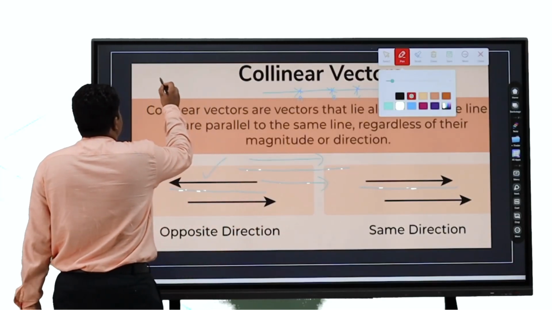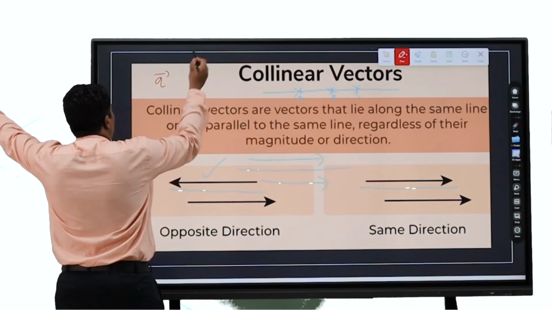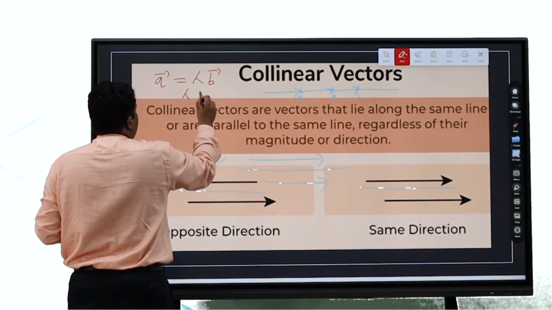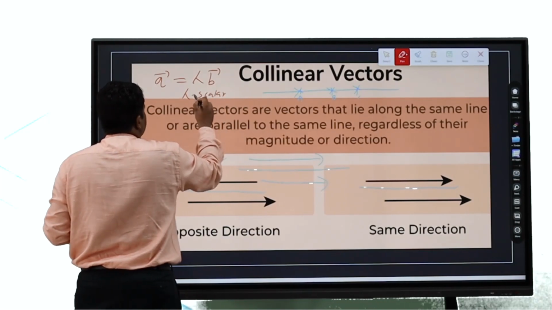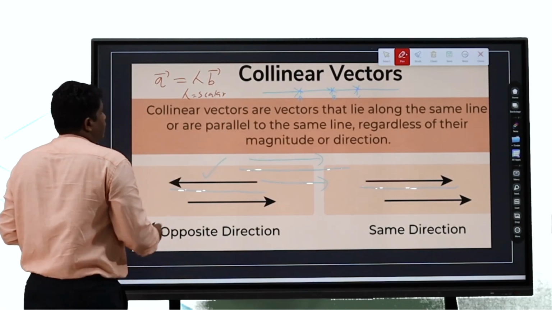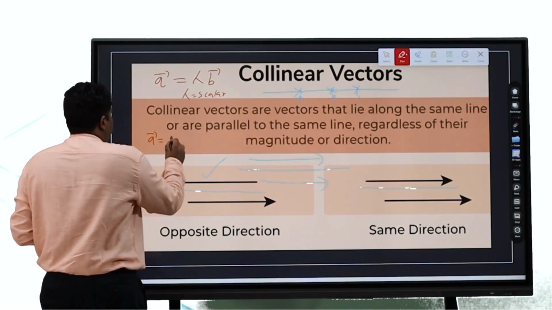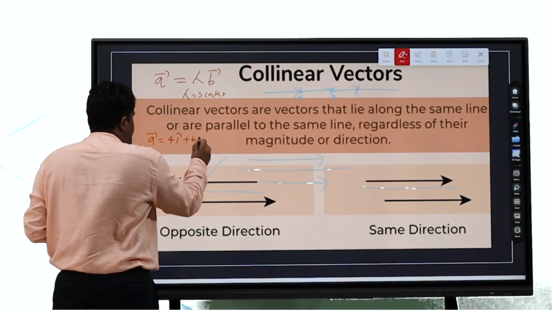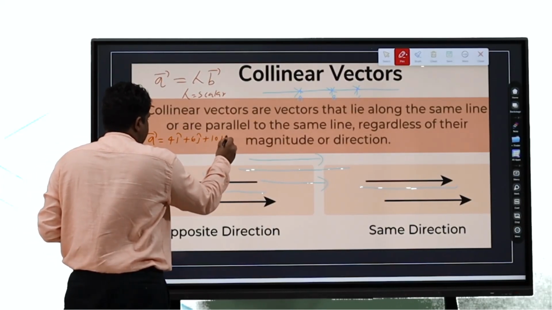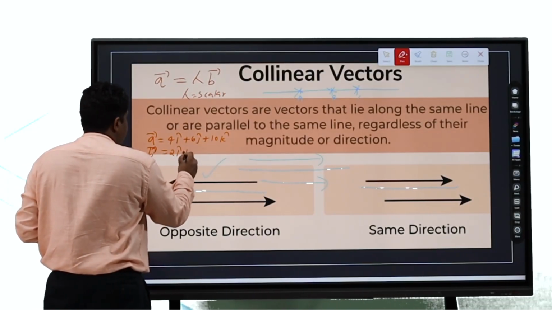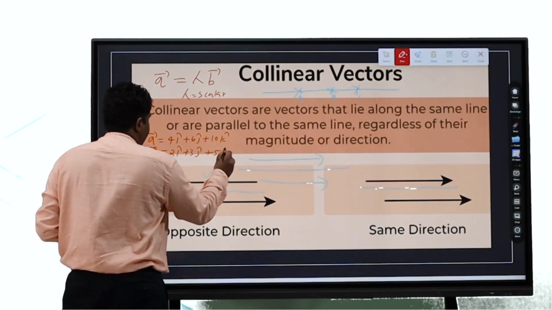What is it? If vector A and vector B are collinear, vector A is equal to lambda times vector B, where lambda is a scalar. Let A equal 4i plus 6j plus 10k, and vector B equal 2i plus 3j plus 5k.